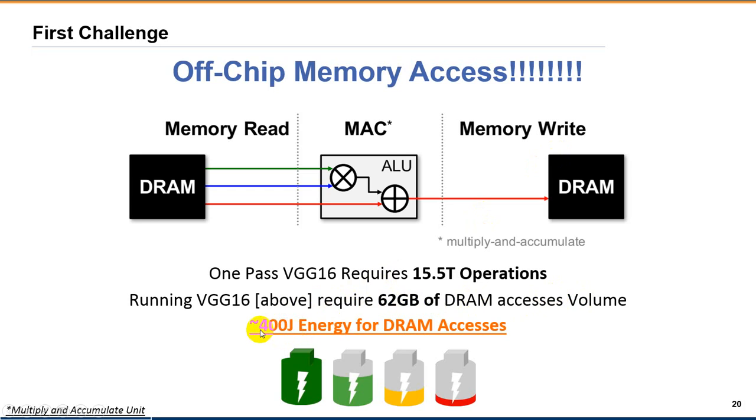It is almost equal to 4000 joules of estimated energy. So this DRAM access, for 15.5 tera operations, is very expensive.